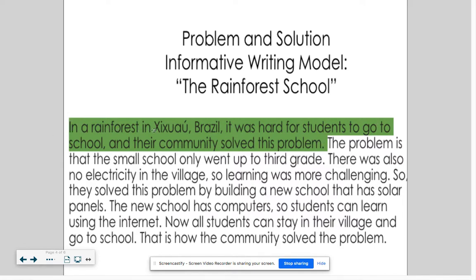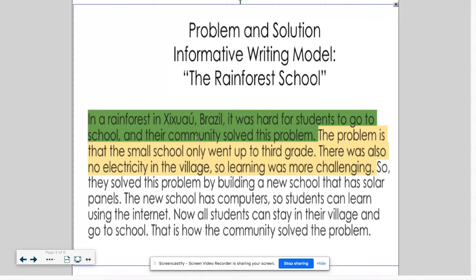In the rainforest in Exao, Brazil, it was hard for students to go to school, and their community solved this problem. So now I know as a reader, I am going to read about students in Brazil and how it was hard for them to go to school. This is my focus statement. My paragraph will be focusing on this.